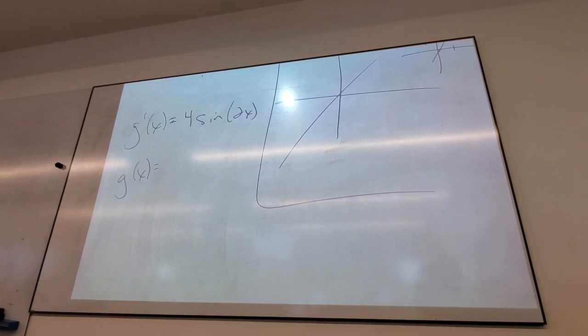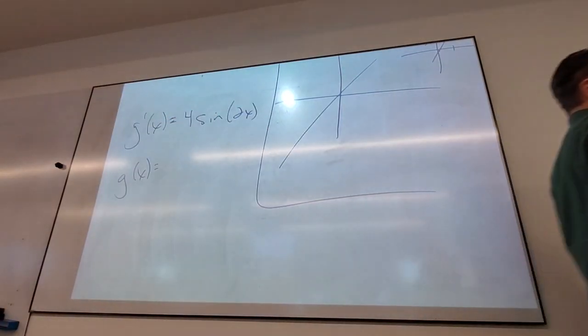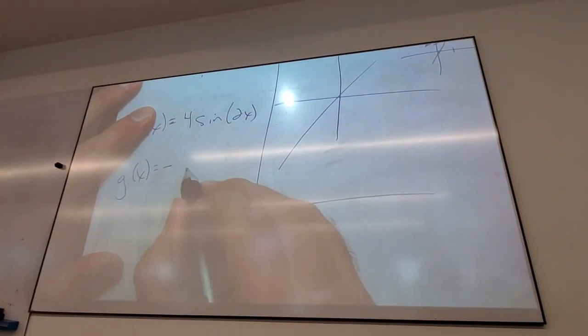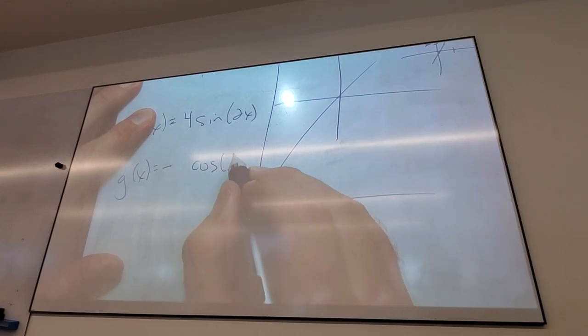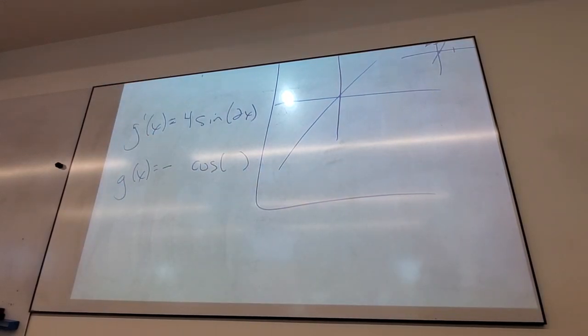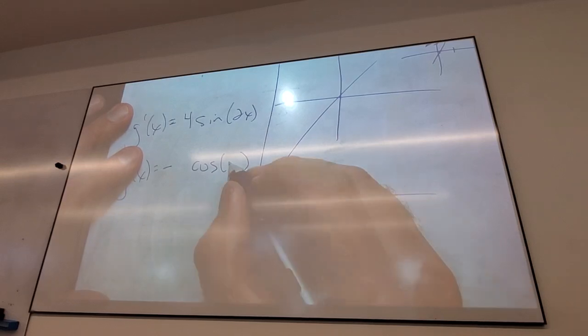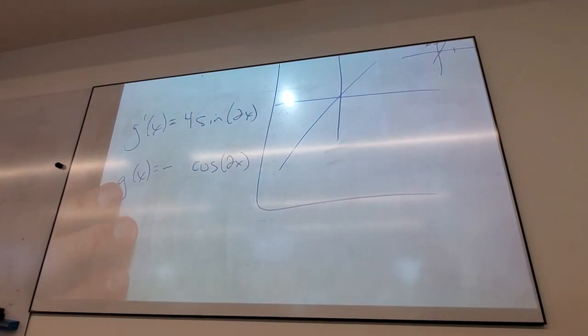Negative cosine, because the derivative of cosine would be negative sine. So we know there should have been a negative cosine. I'm going to leave room, and I'm going to put a cosine. When I take a derivative, does the inside of a function change? No, because that's chain rule. Chain rule says you get your term next, correct? So this inside would still be 2x, correct?